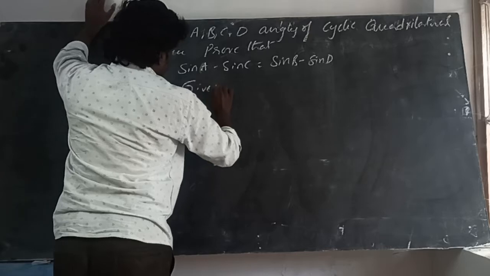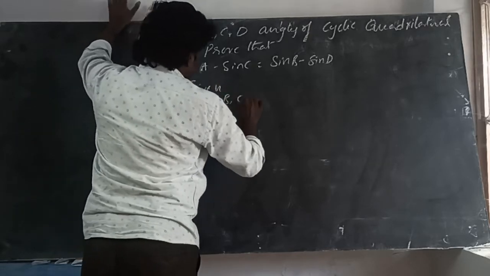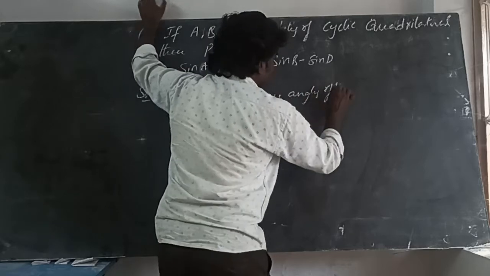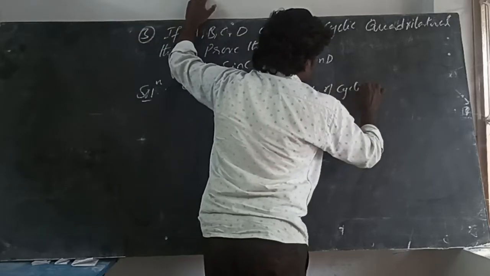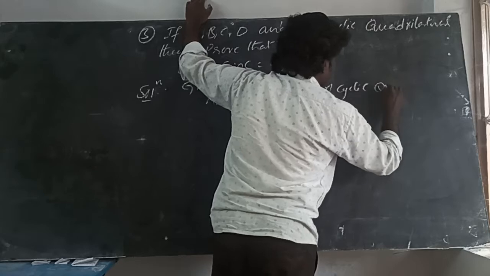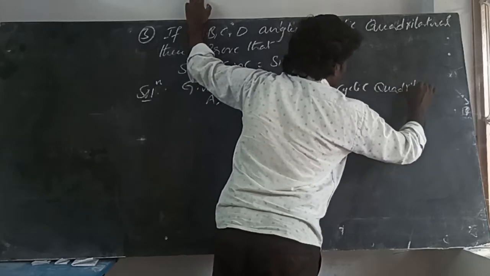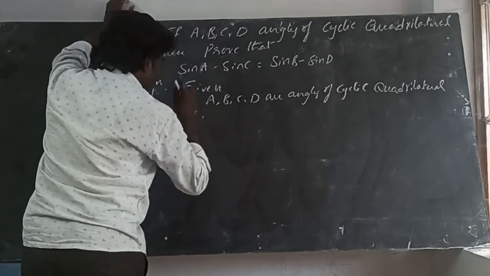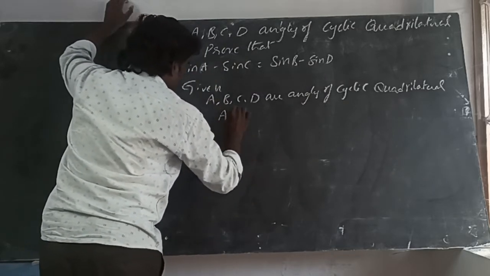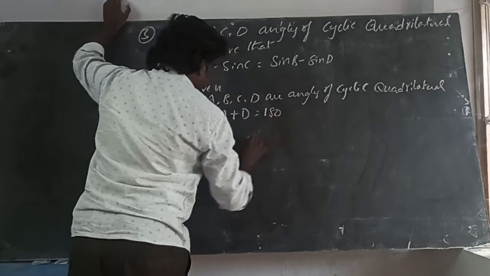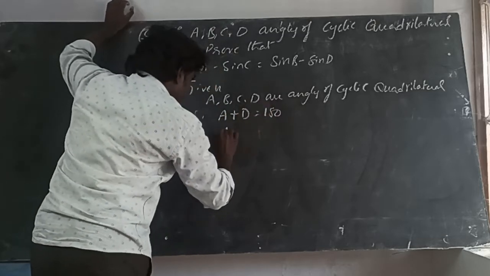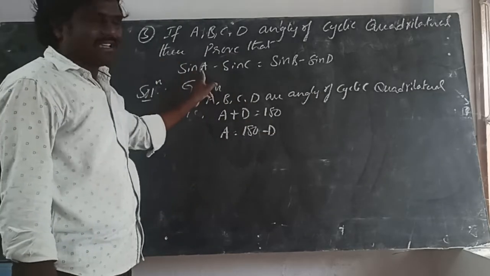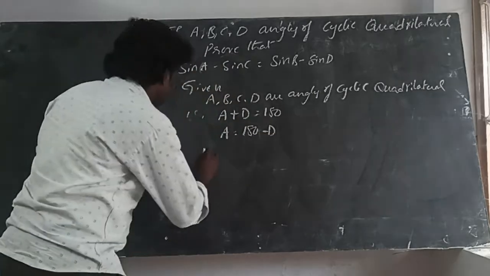Given A, B, C, D are angles of a cyclic quadrilateral. So that is A plus D is equal to 180, so A is equal to 180 minus D. Here what they are asking is sin A. Apply the sine ratio here.